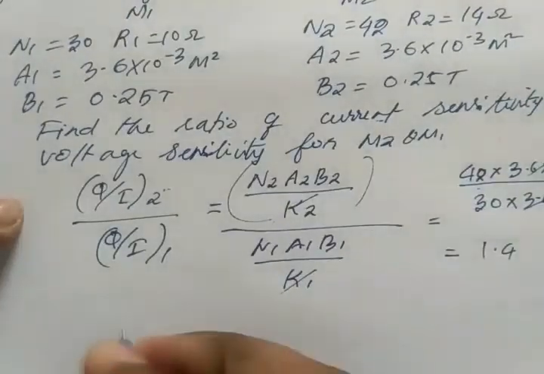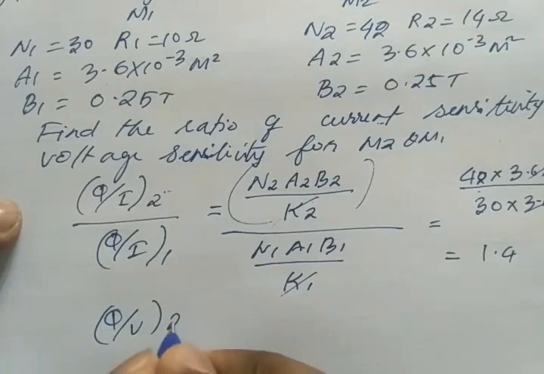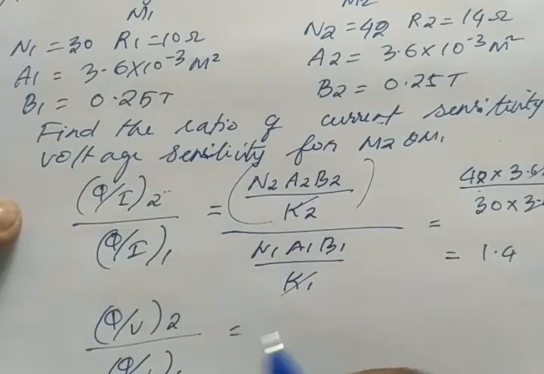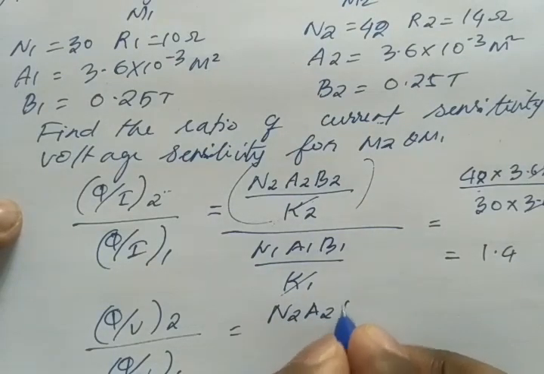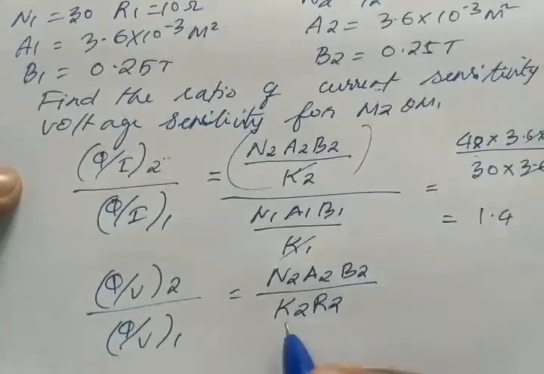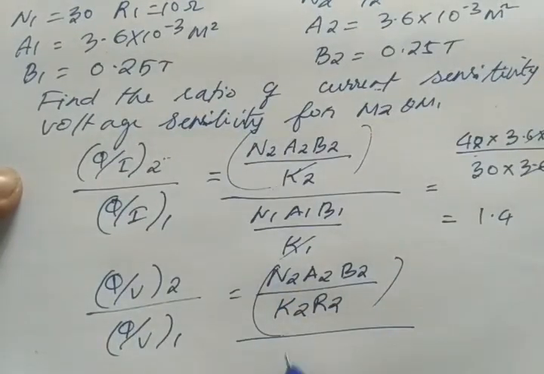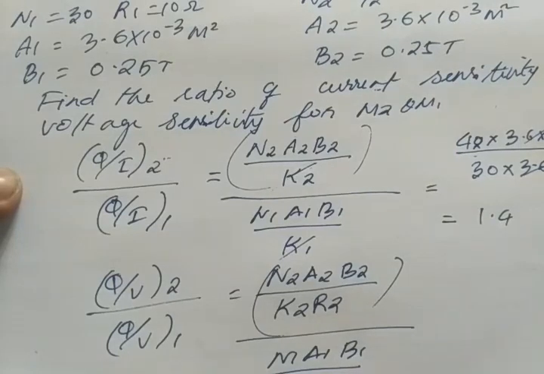Similarly, find the value of voltage sensitivity. Phi by V for the second MCG over phi by V for the first MCG. What's the formula for voltage sensitivity? N2 A2 B2 divided by K2 R2, over N1 A1 B1 divided by K1 R1.